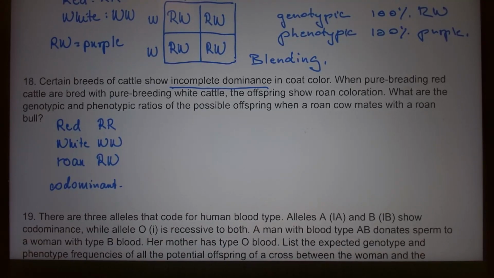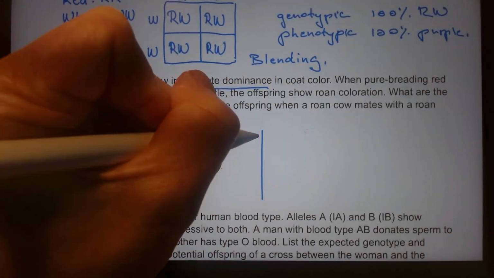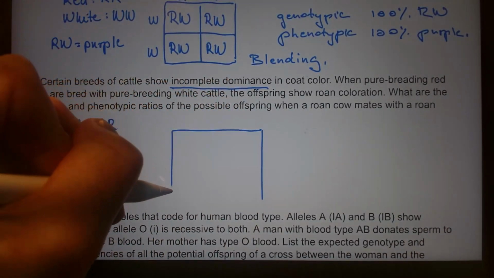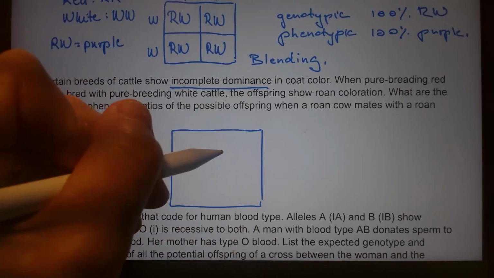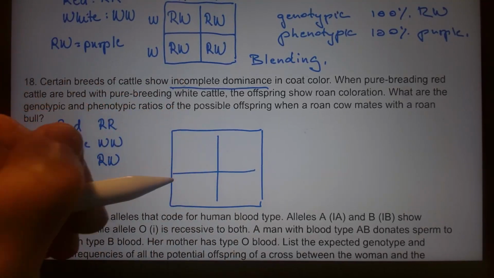What the question is, if we have two heterozygous organisms, we draw the Punnett square for that.